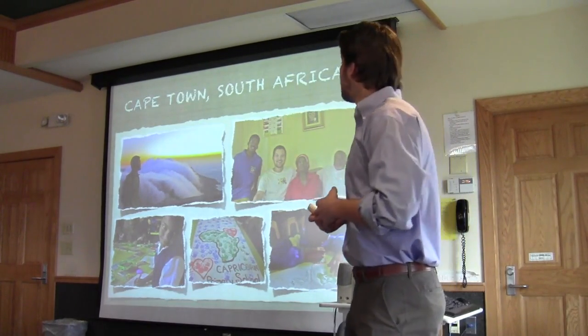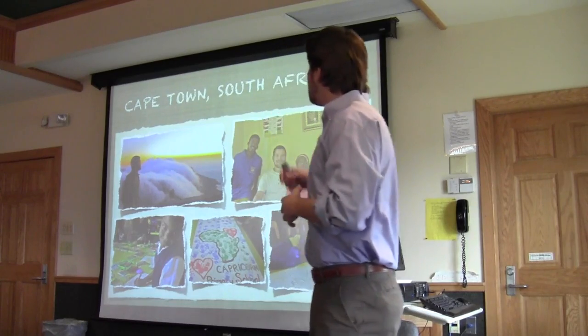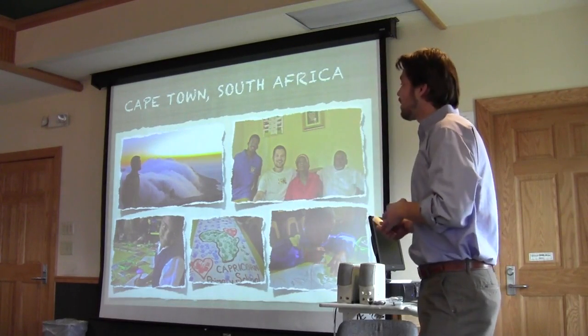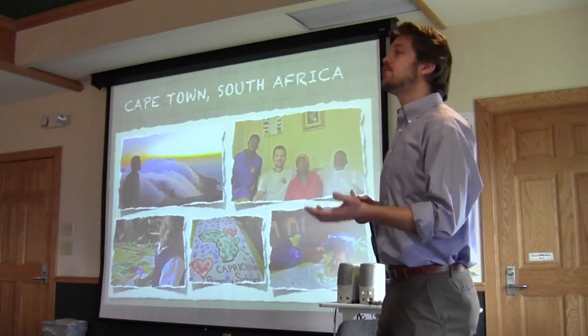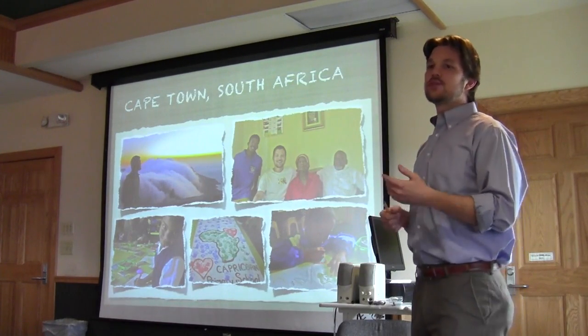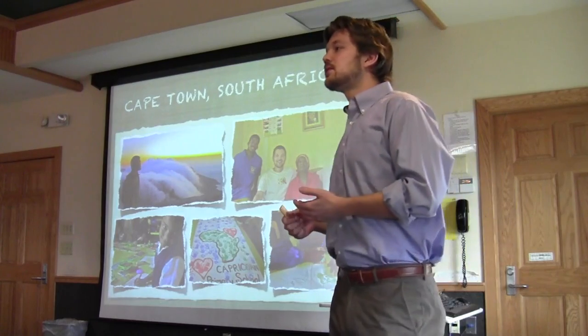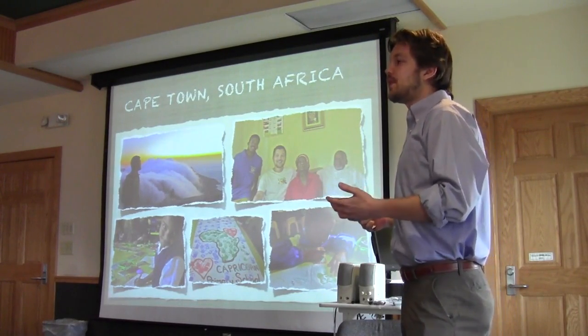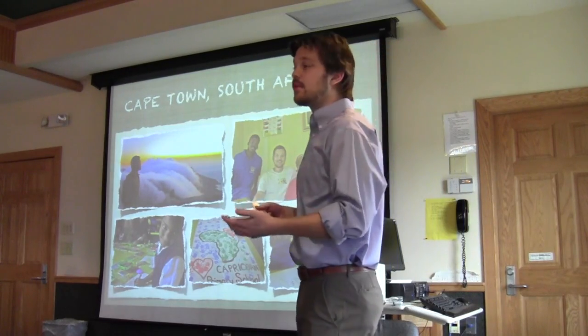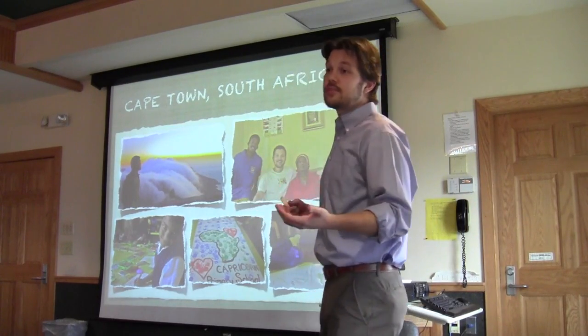Absolutely gorgeous. I had the opportunity to stay with a family in a township just on the outskirts of the center of town. And through that experience, although it was very short, it was really a cool experience, and I got to talk with them, and they talked candidly about their experience during apartheid and the impact that still exists today as a result.